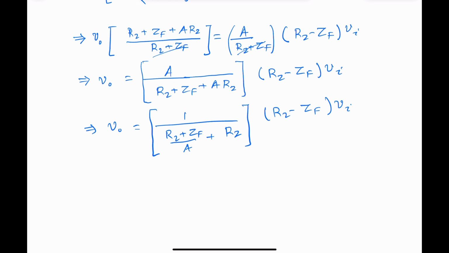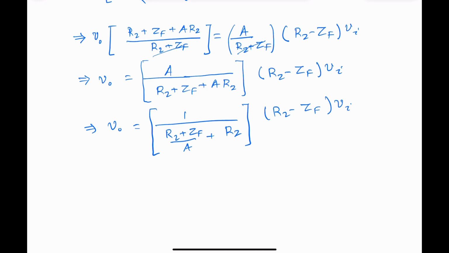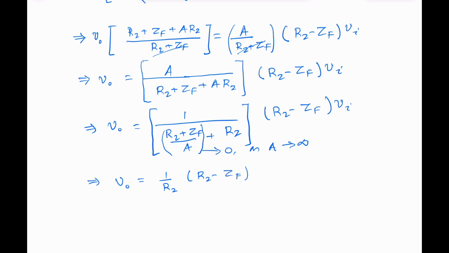So because A is theoretically infinite, this term tends to 0 as A tends to infinity theoretically. So we have V naught is 1 upon R2 into R2 minus ZF into Vi. Okay?